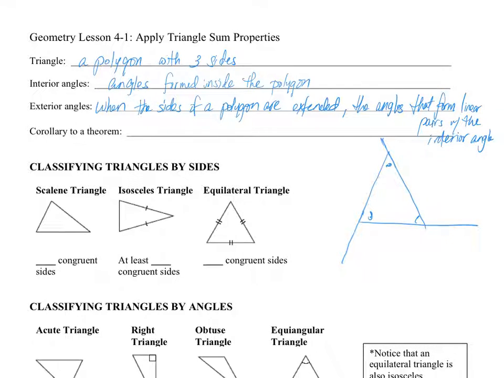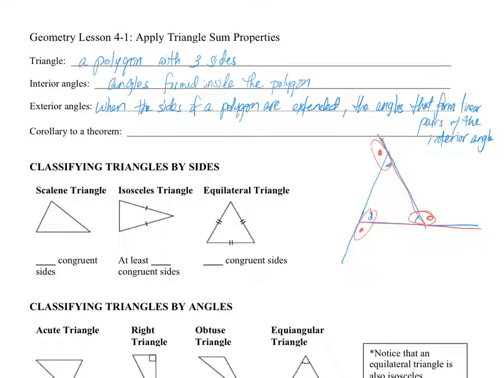So if I were to extend this side, this would be the exterior angle, and if I were to extend this side, this would be the exterior angle, and this one. And this would be considered one linear pair, second linear pair, and a third linear pair.